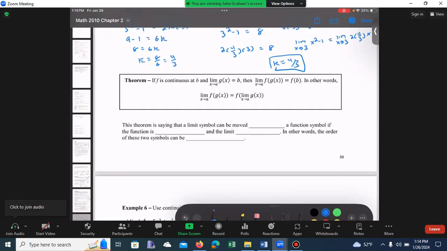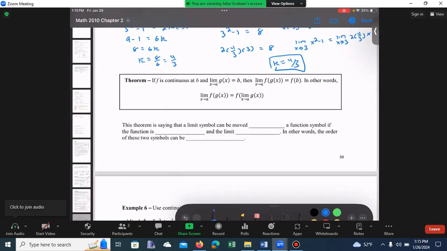Alright, so if f is continuous at b and the limit as x goes to a of g of x equals b, then the limit as x goes to a of f of g of x equals f of b. In other words, the limit as x goes to a of f of g of x is the same thing as f of the limit as x goes to a of g of x.